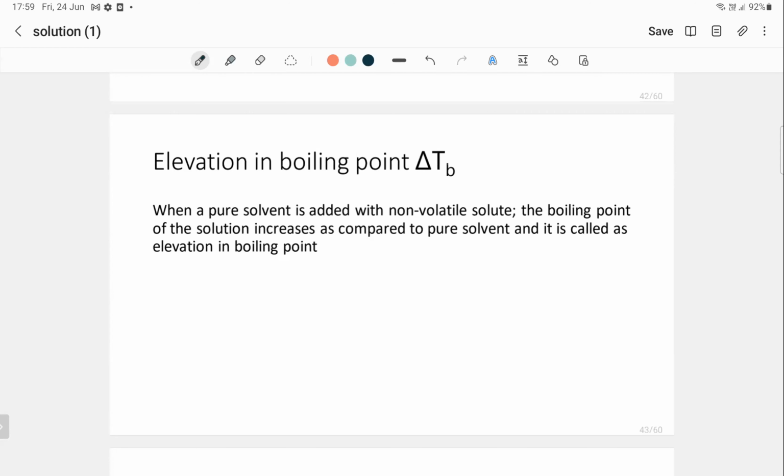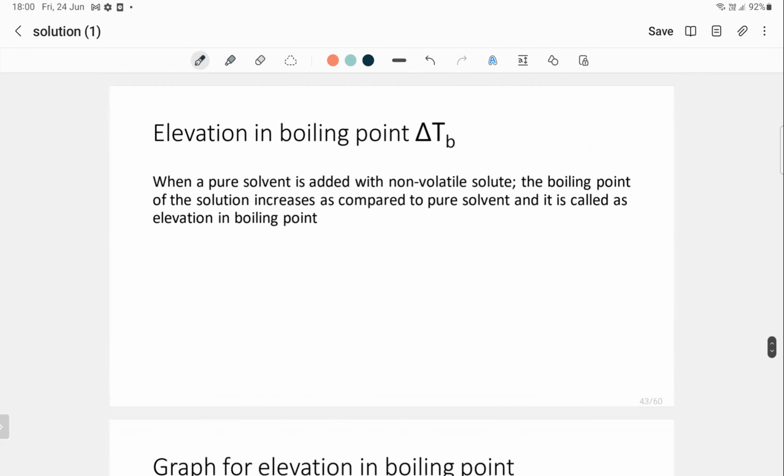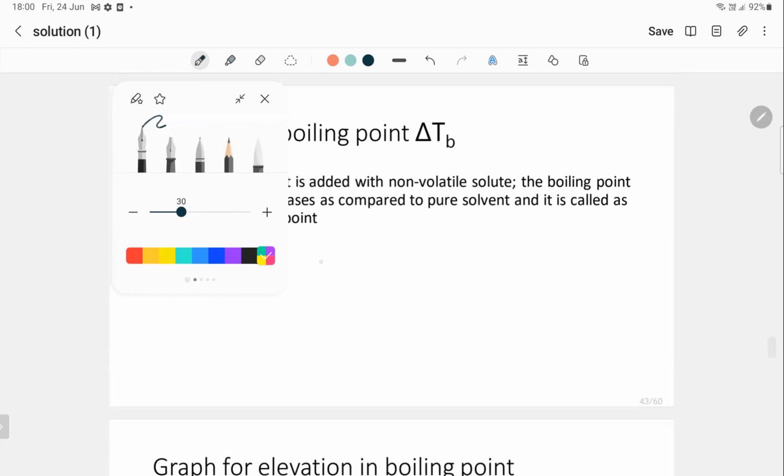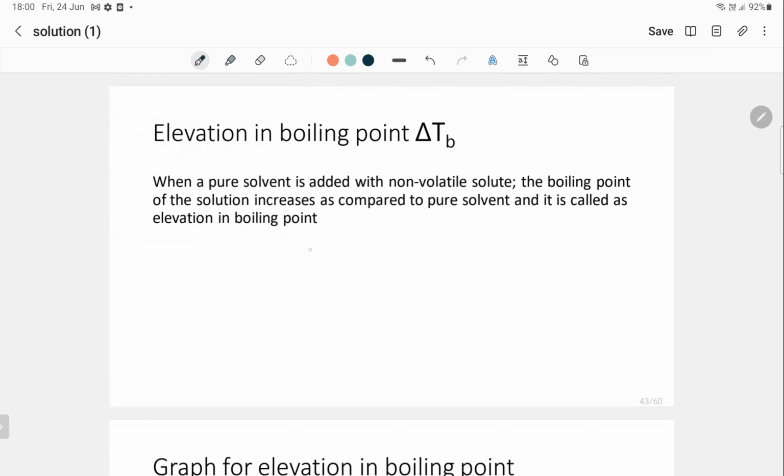More amount of ions will be there. Heavy water, electrolytes also will be there. So this is your formula of elevation of boiling point: delta TB is equal to TB minus TB naught. This delta TB is nothing but your elevation of boiling point.